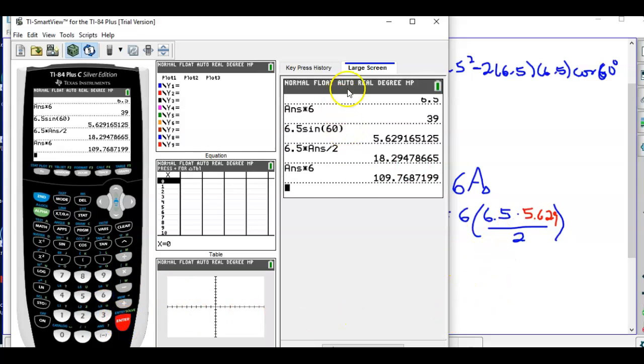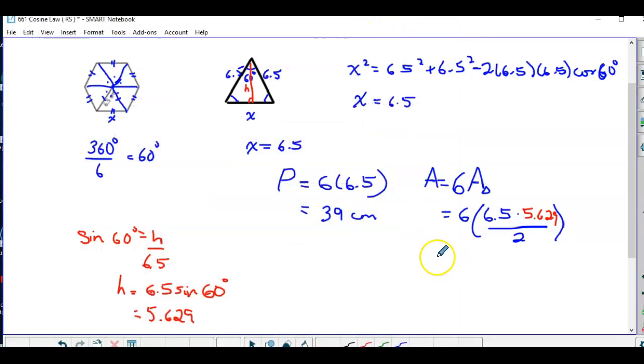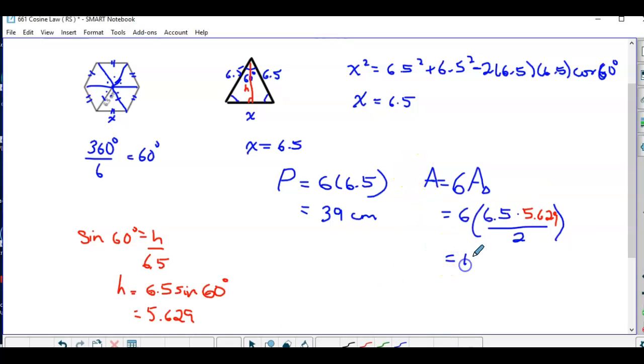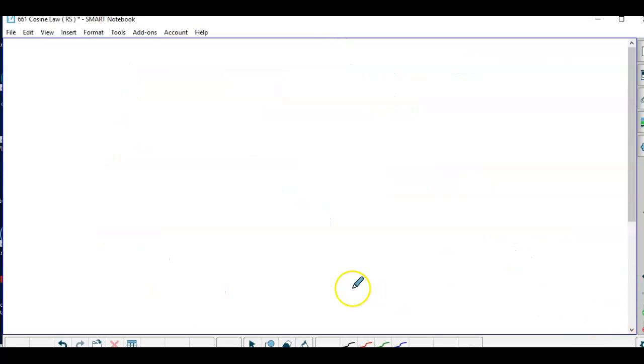So 109.769. Then we'll round to the nearest whole number, so that ends up being 110, and that's going to be centimeters squared. And that's it.